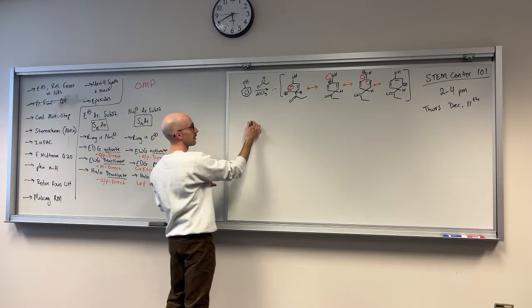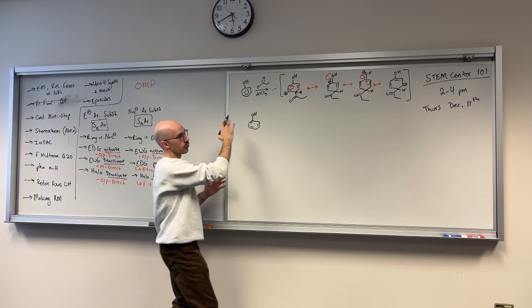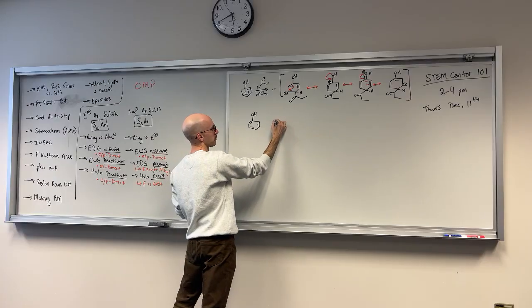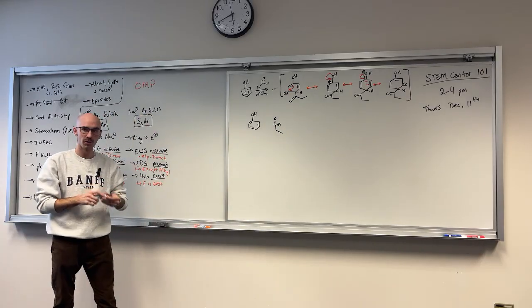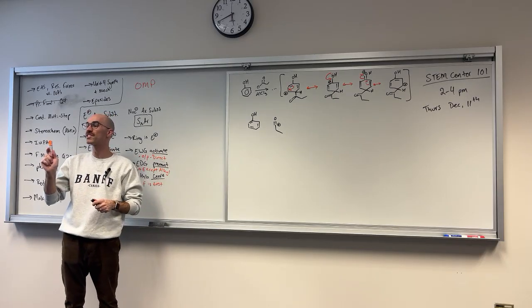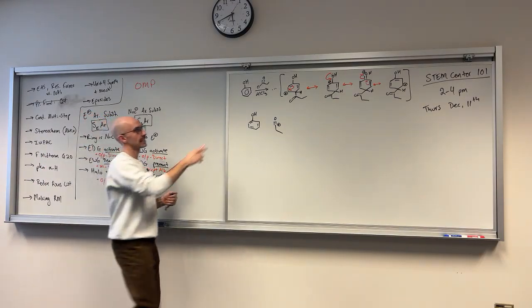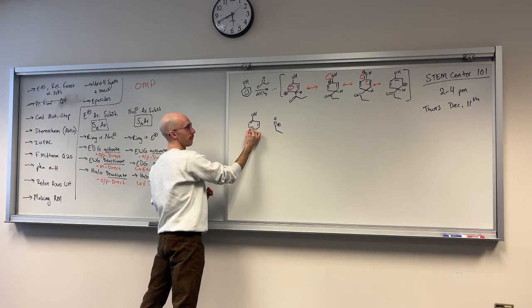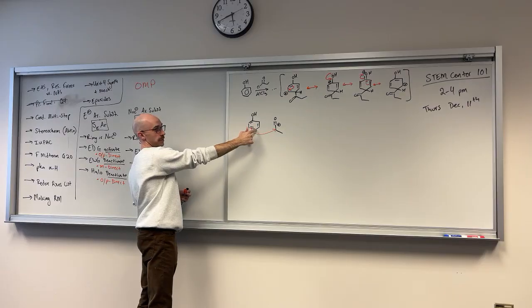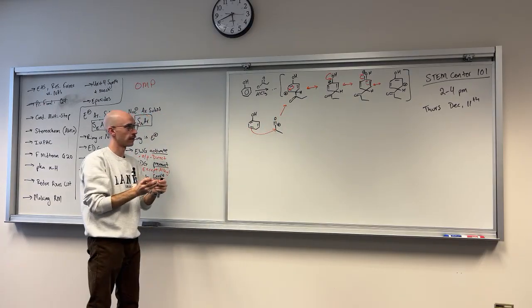But I'm thinking in the future to ask my students not to show arrow pushing to all of the resonance forms, but to show arrow pushing simply to the most stable resonance form. To get to this resonance form, I would simply show the pi bond from the correct position attacking my electrophile.